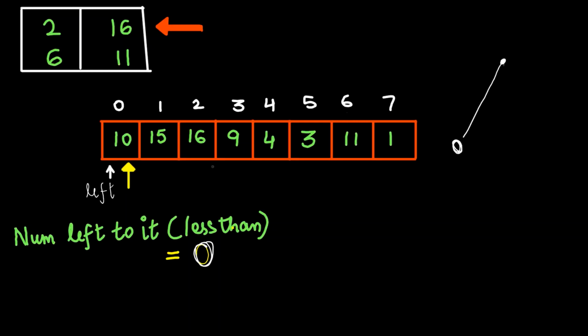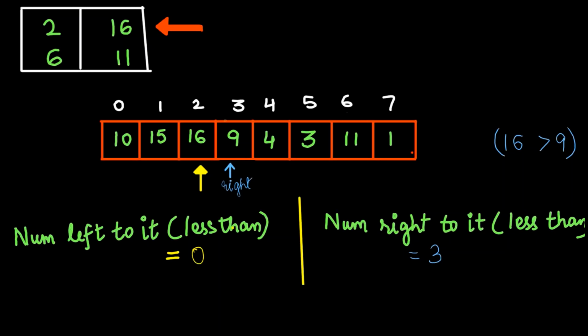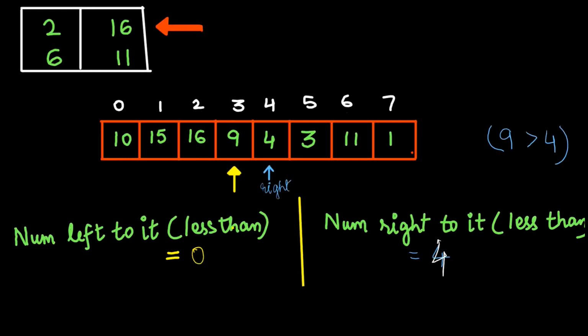Now I'll check the deepness of this peak on the right of 16. So here on the right it is on the third index. Now I need to check whether it is deeper or not. As 9 is smaller than 16, the arrow will shift to the right side, and here we will have index 4. Then I'll check whether 4 is less than 9.